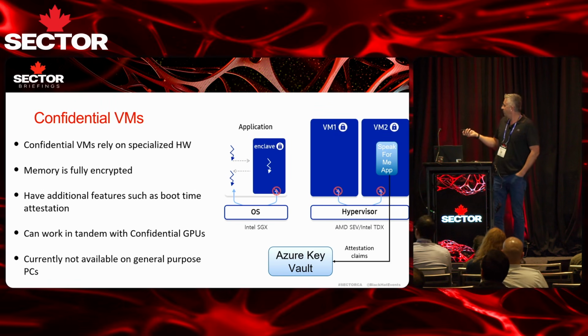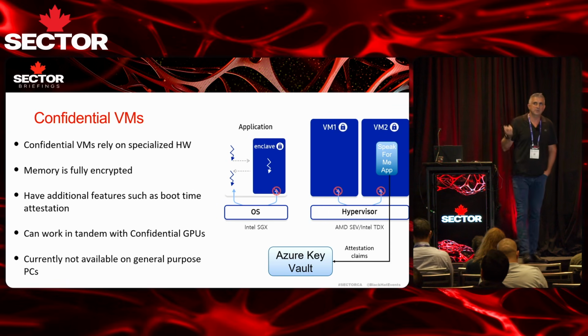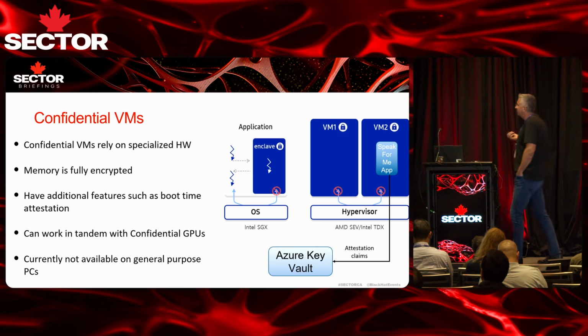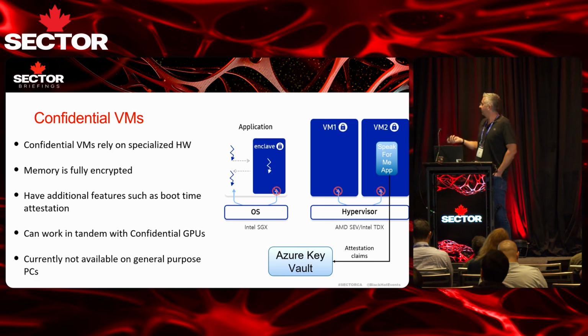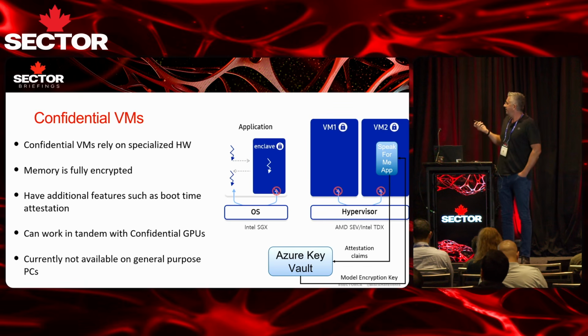So the Azure Key Vault would make sure those attestation claims are signed by the expected key, and it will check the versions of the components that your machine is running, and if everything is good, it will release the model encryption key, and the Speak For Me app could now load the model securely.